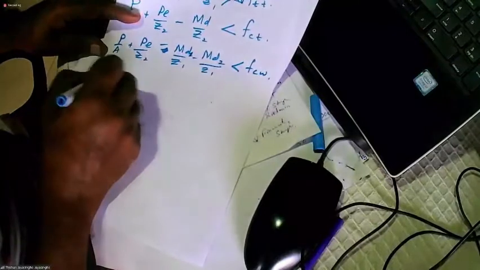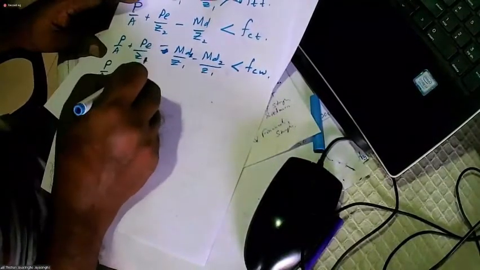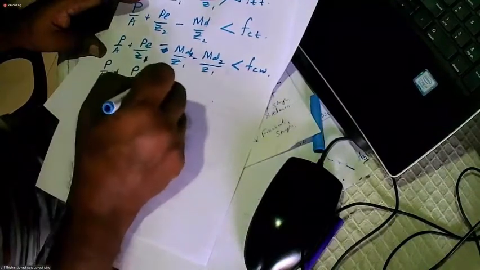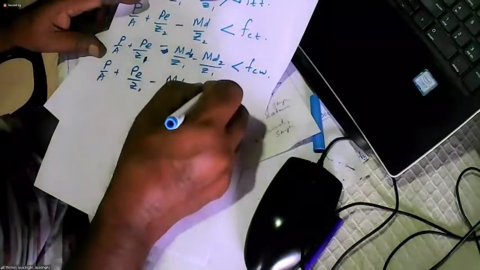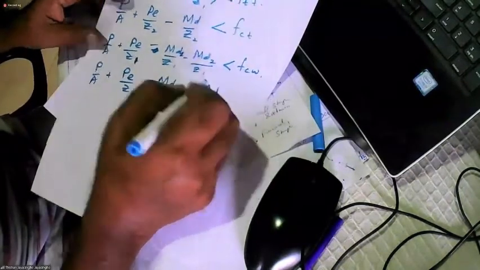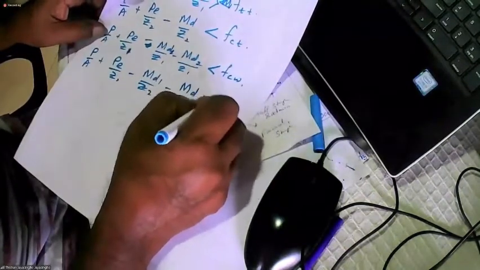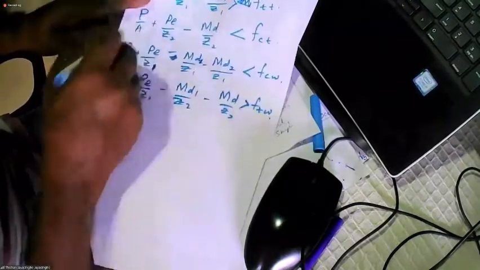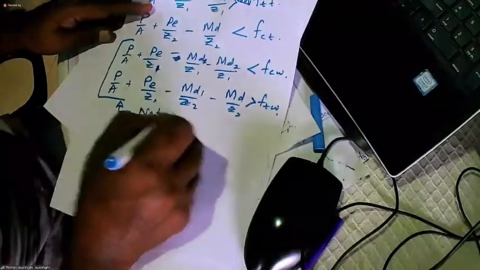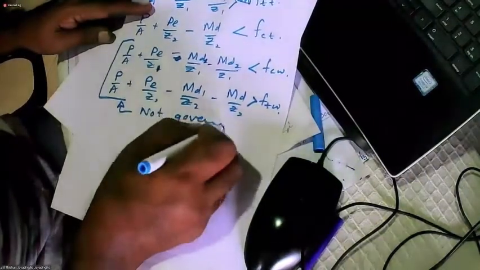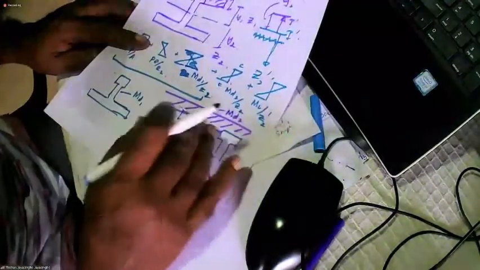P over A plus P e over Z1 minus MD1 over Z2 minus MD2 over Z2 should be greater than FT at working. But these two equations are generally not governing, because we are talking about only the weight of this concrete and it cannot be a governing condition. It's not a governing condition.